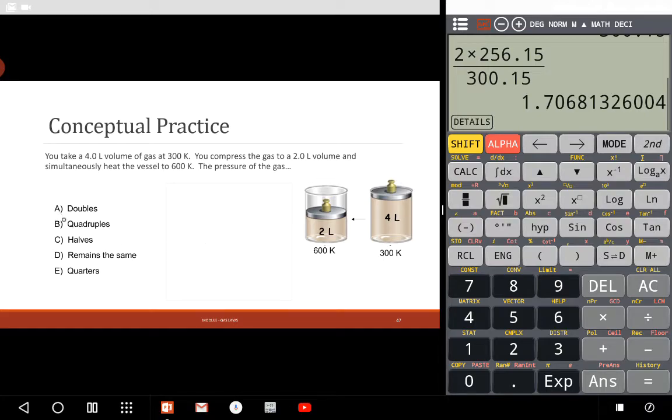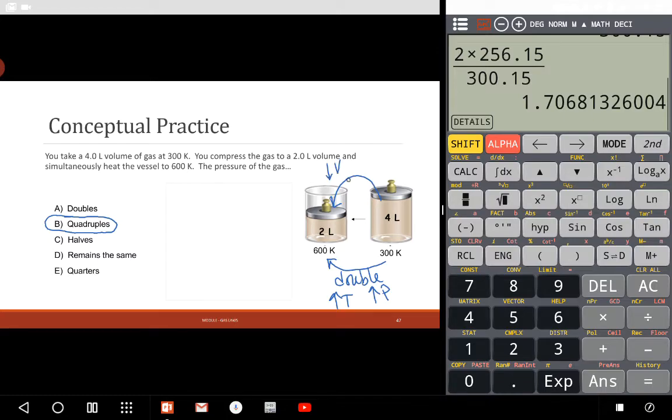Okay. Our pressure is going to quadruple. That's because our temperature is doubling. And so since our temperature is going to double, then our pressure is going to double. Then our volume is getting cut in half.